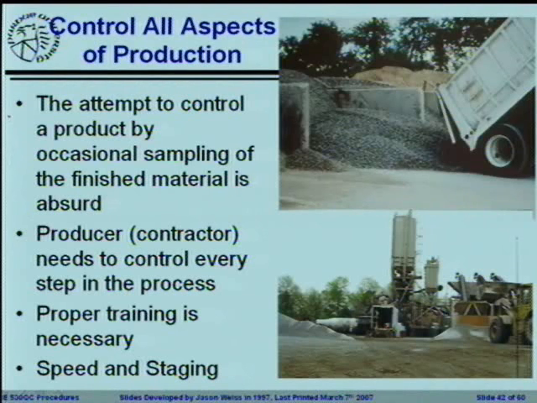Controlling all aspects of the production, obviously, you can't run out to the yard every so often, throw a couple rocks in a bag or in your pocket and think that you're controlling the material. You need to control every step in the process. Proper training of personnel on how to do this is important, and this becomes more and more difficult as people go faster and faster and start to worry about staging projects.